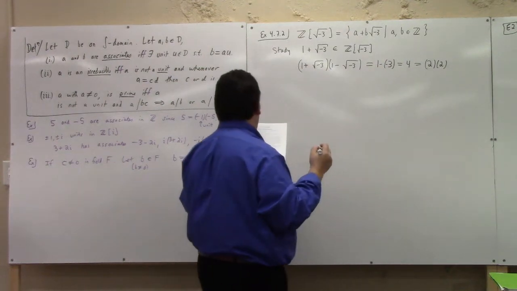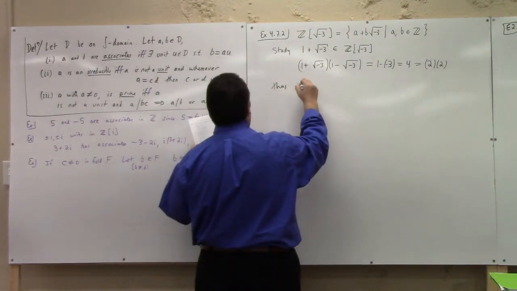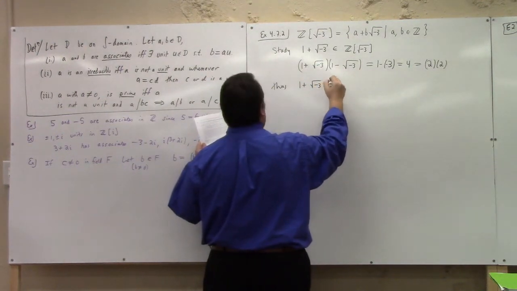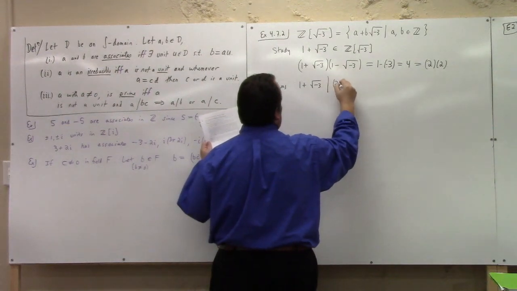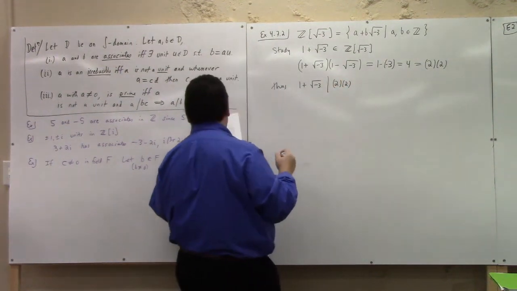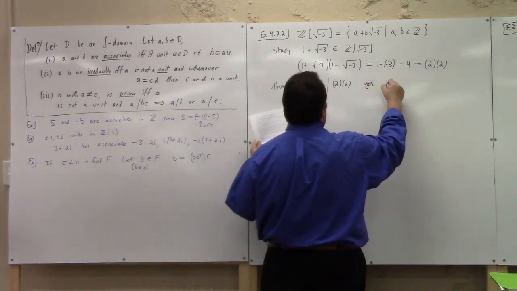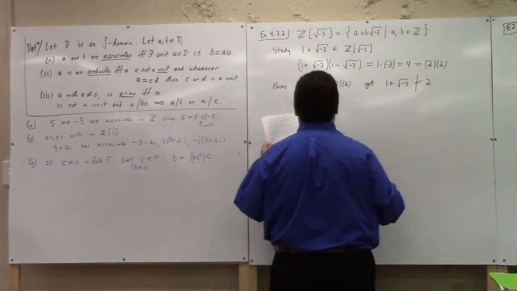Thus, I point out that 1 plus the square root of -3 divides 2 times 2. Yet you can argue that 1 plus the square root of -3 does not divide 2.